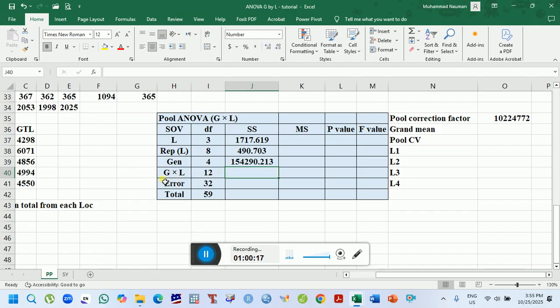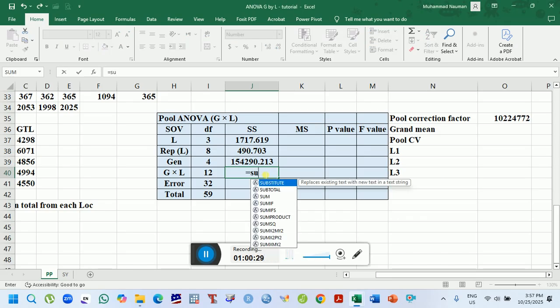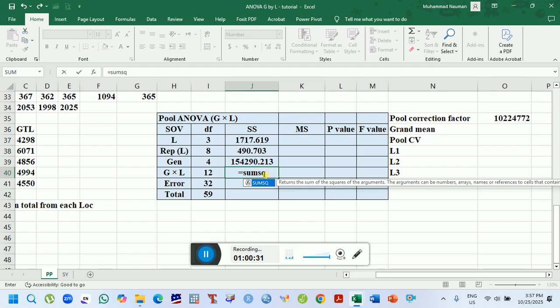And now we will calculate the genotype by location sum of square. Genotype by location sum of square is equal to SUMSQ sum of square.